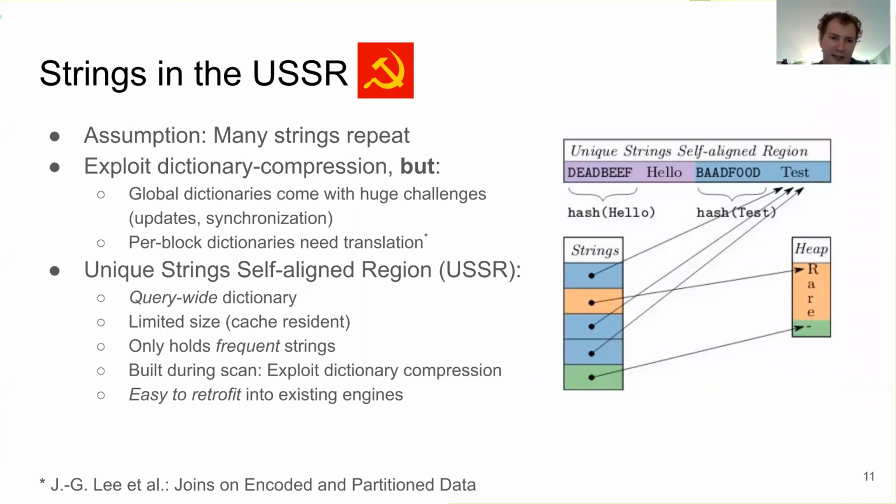And if you want to exploit dictionary compression during runtime, you would need to translate those dictionaries into a global code somehow, in which you can do fast code comparisons instead of comparing the whole string, which you also have to pay a high price for. Or alternatively, you would not exploit dictionary compression for per block dictionaries and just decompress, as it's usually done.